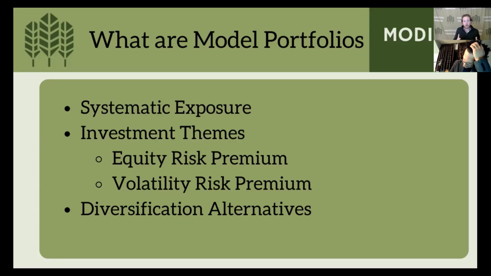So really the model portfolio is meant to fit into a sleeve in your overall allocation and provide returns that are orthogonal, different, and varied from the rest of your investments. And we're going to talk about the 3 different themes here in just a little bit that we highlight with each of our different model portfolios.